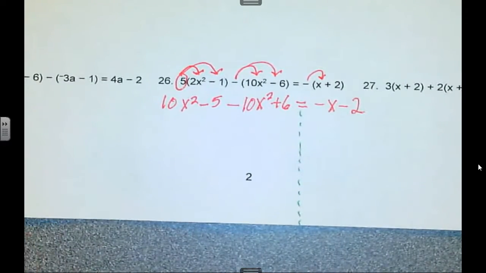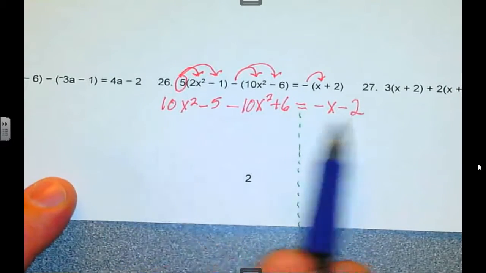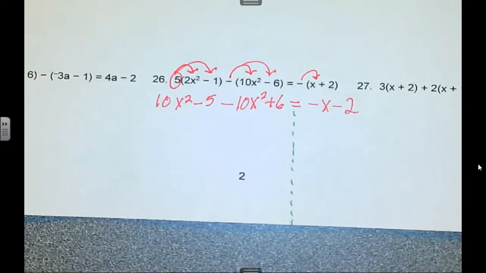All right. I'm going to combine like terms on the same side first. Now, a lot of students will just start adding and subtracting numbers. I really, really discourage that because there seems to be an awful lot of mistakes when that happens.